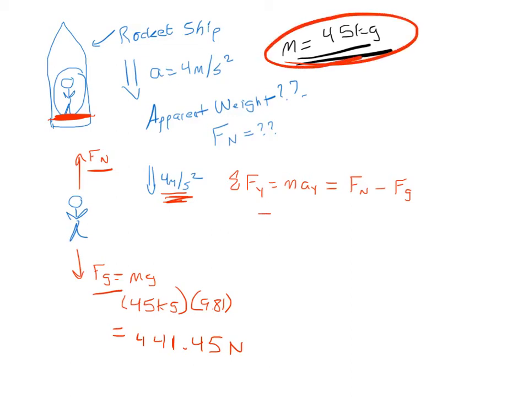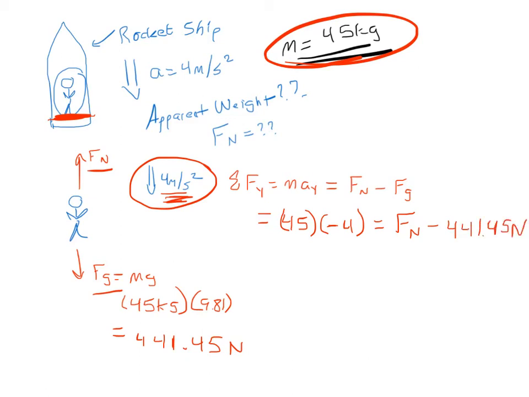So if we go back to this equation, we have 45 times his acceleration, which is negative 4, because it's pointing down, equal to the normal force, which is what we're trying to find, minus 441.45 newtons.